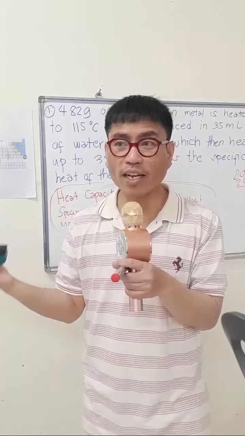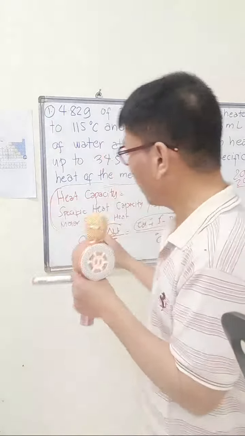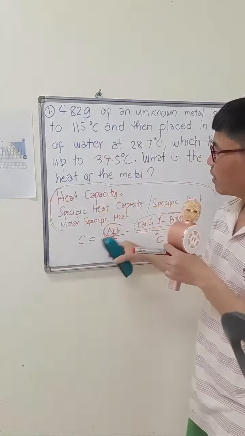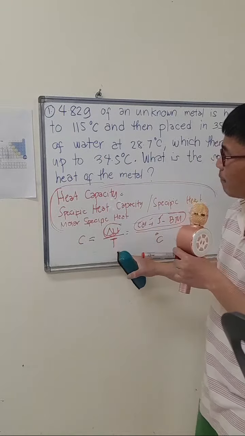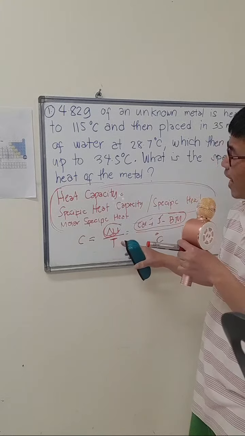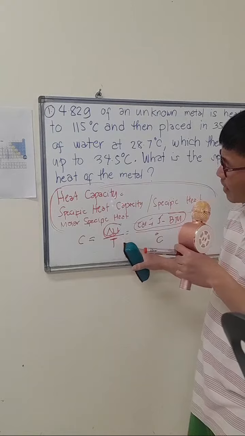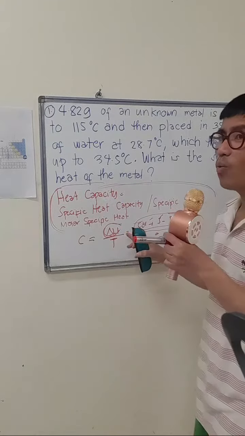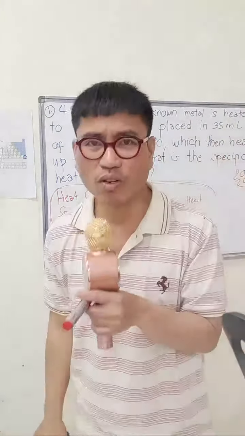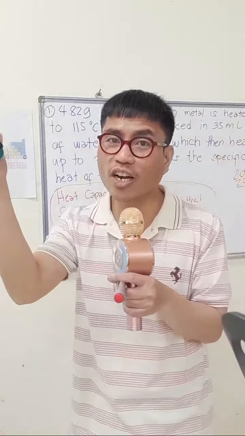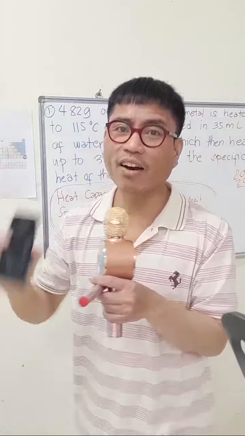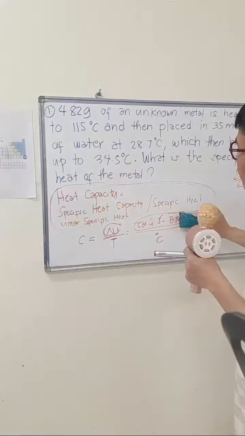No need to memorize it from the books. Like this, C is equal to delta H over T. You can say the amount of heat energy necessary to raise the substance by 1 degree Celsius. Because it's only Celsius, the denominator is 1. That is heat capacity.